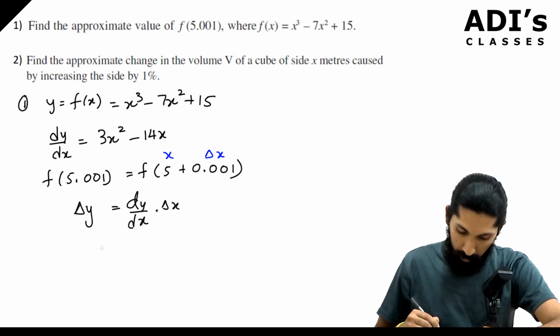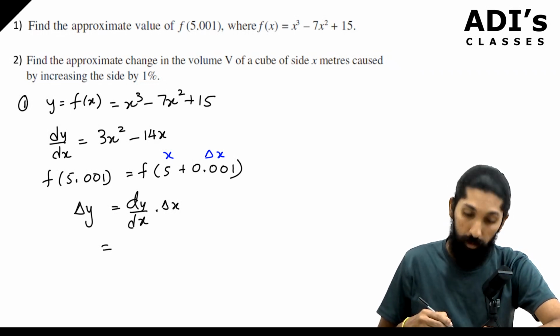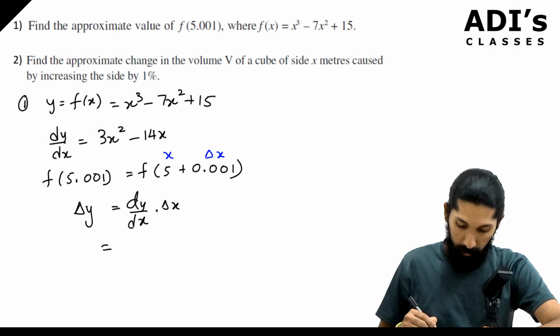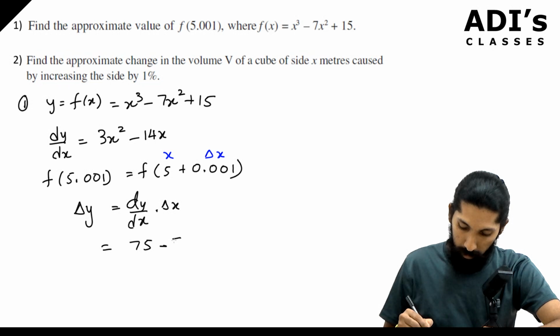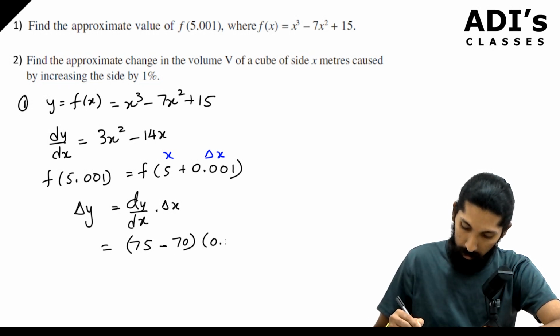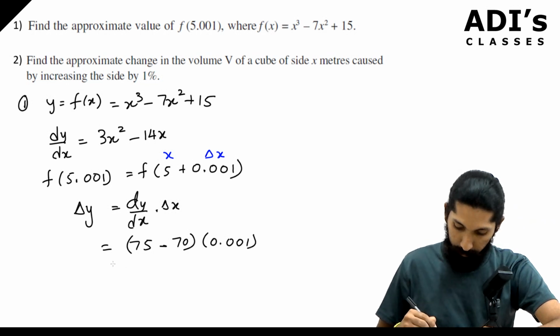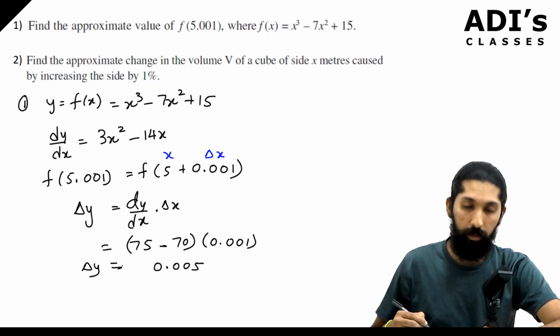So what is dy by dx? 3x square minus 14x. Put x as 5. So 3 into 25, that's 75, minus 5 into 14 is 70. This into 0.001, which will become 0.005. See, this is the delta y value, right?